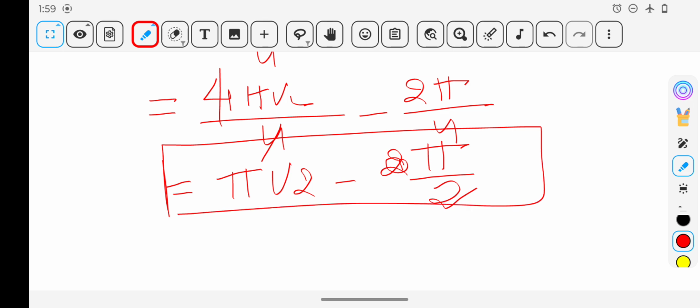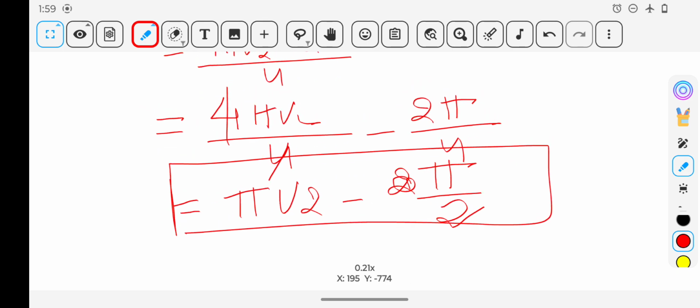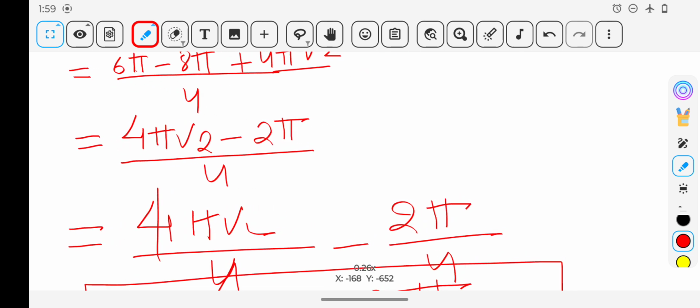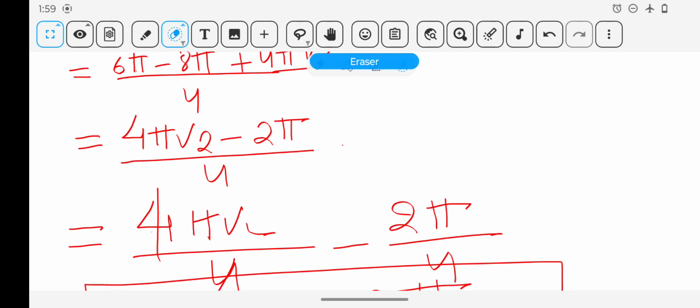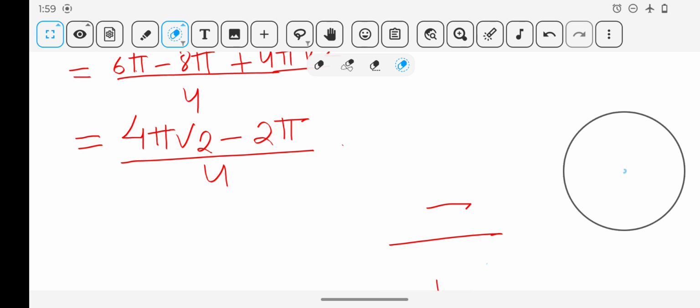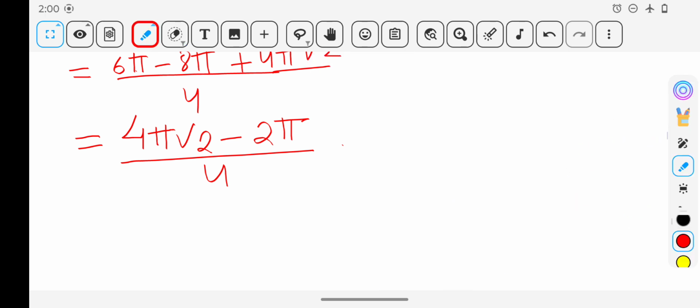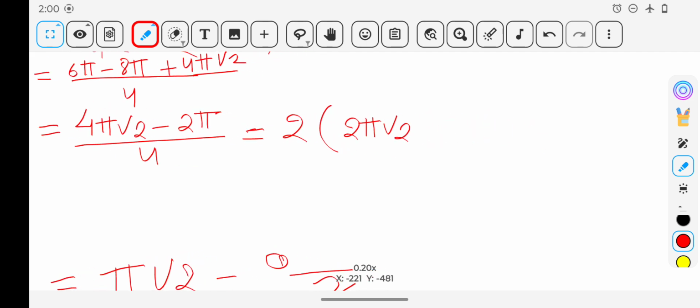Then also you'll get the answer. So let's solve it a bit further. We can work from here only. Let's erase this part. Taking 2 common, it will be 2 pi root 2 minus pi, divided by 4.